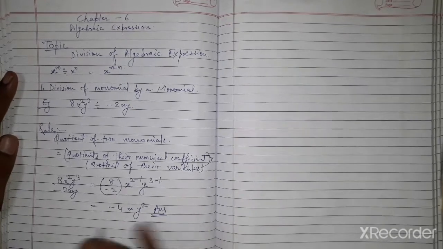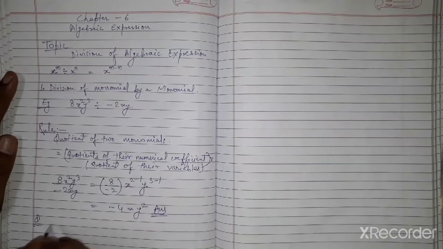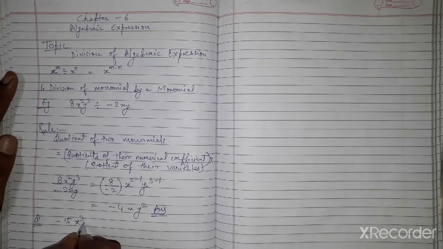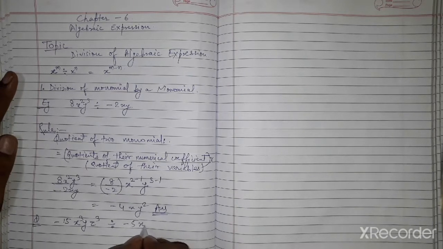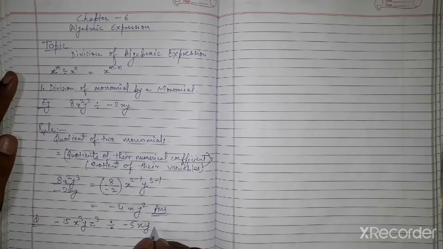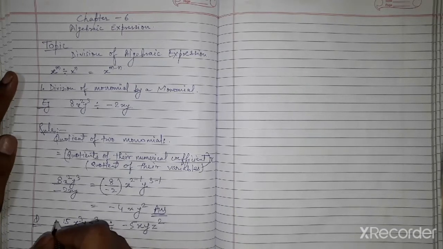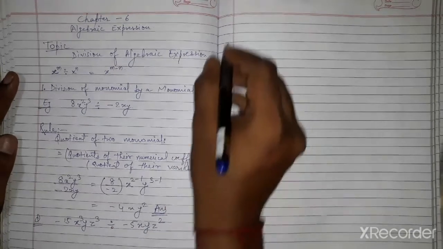So if I take one more example, minus 15 x cube y z cube, which is divided by minus 5 x y z square. So how will I divide this? So let's see.